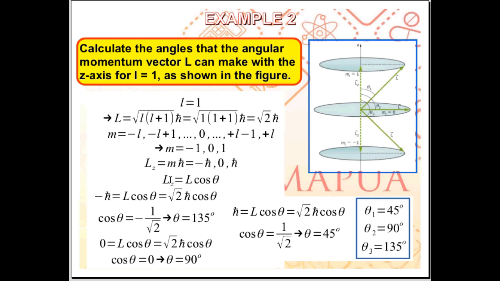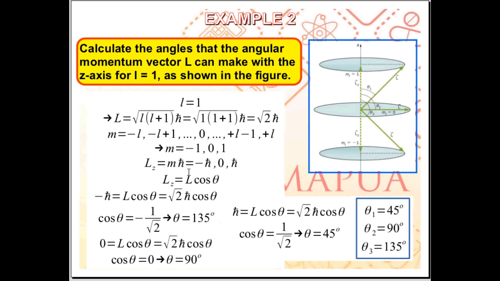Lz has three possible values, negative h bar, 0, and h bar, whereas L is equal to square root of 2 h bar. For Lz equal to negative h bar, we calculate theta to be 135 degrees.